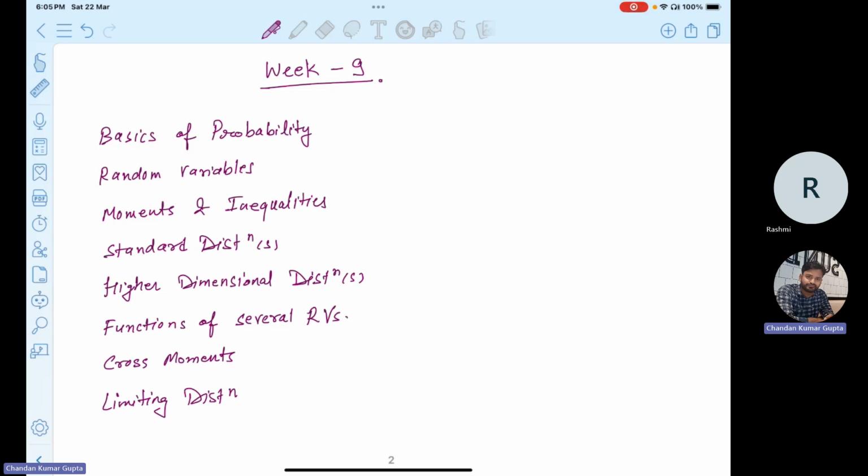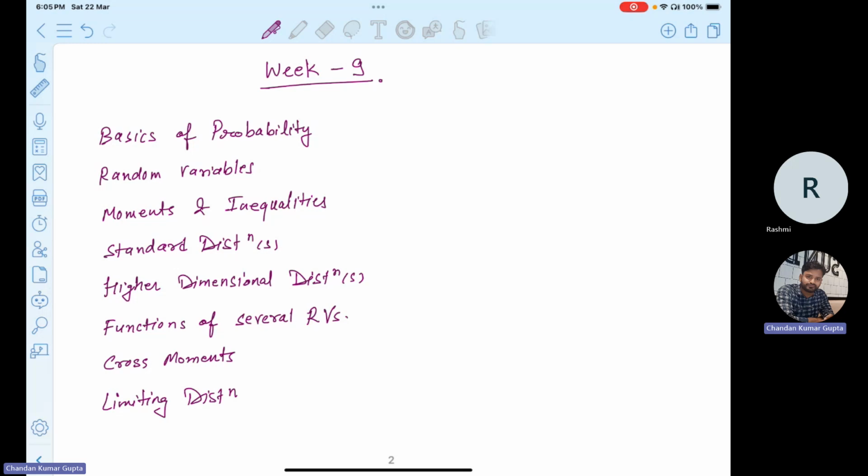We also discussed laws of large numbers, like Bernoulli's law of large numbers, the weak law of large numbers, and the strong law of large numbers. And at last, we discussed the central limit theorem. These are the topics we have covered up to week 8, which come under probability theory. Now we are in week 9, which covers the statistics part.